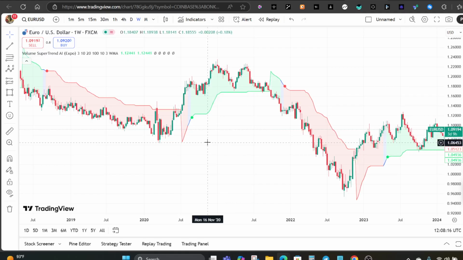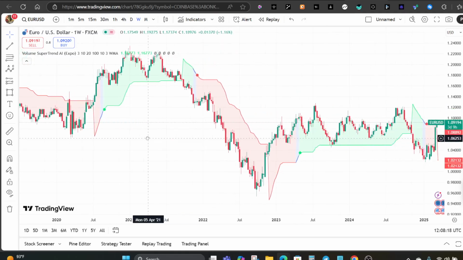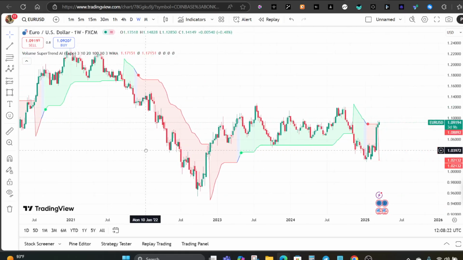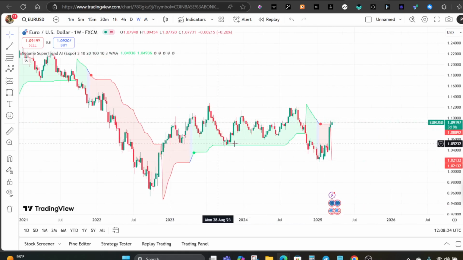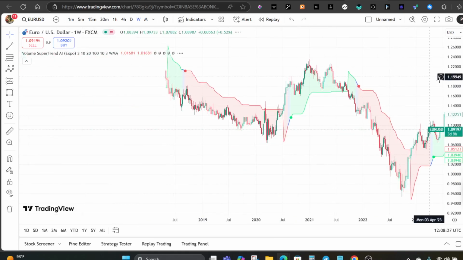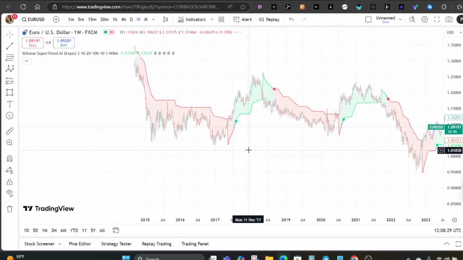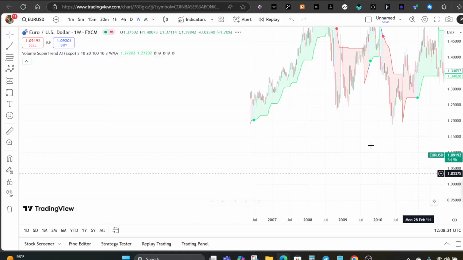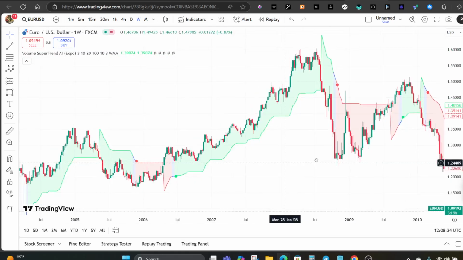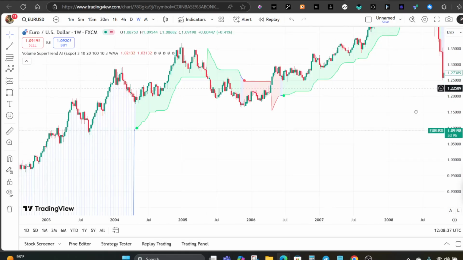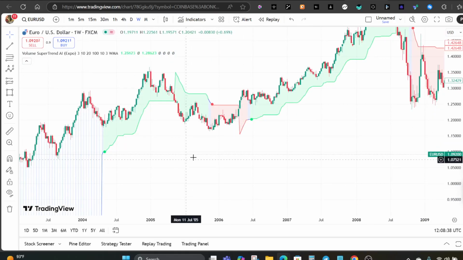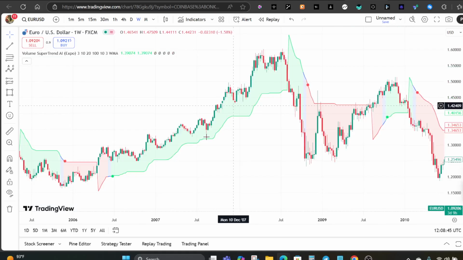Now that you know what the Volume SuperTrend is, let us go over how to interpret its signals on the chart. Basically, when you find the green line below price, it signals a bullish trend, an uptrend, meaning that buying pressure is strong.